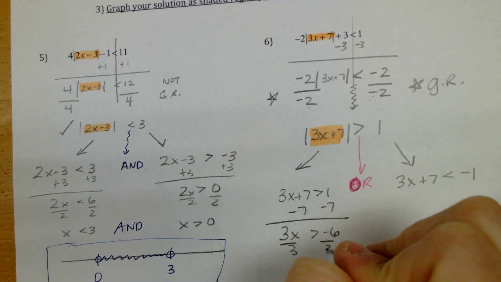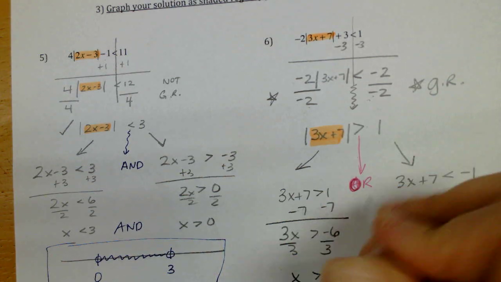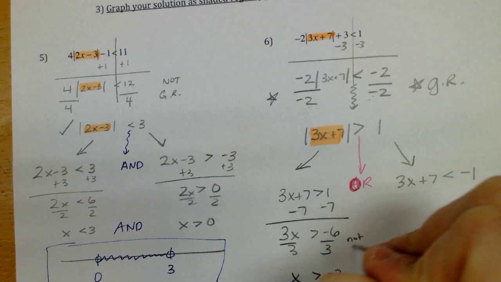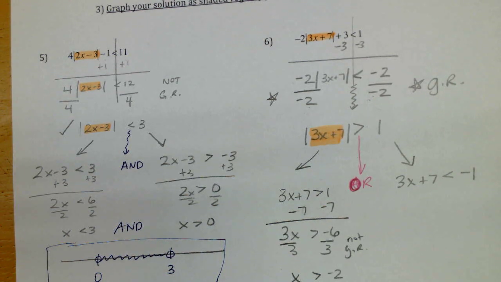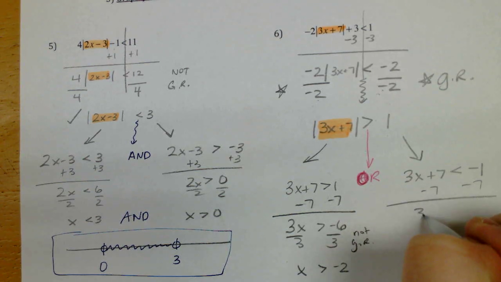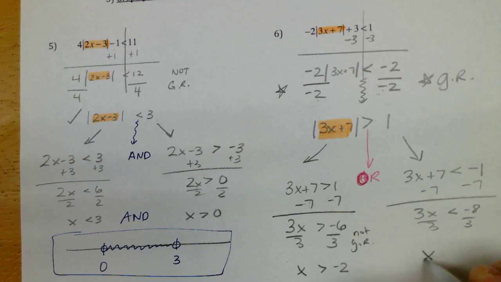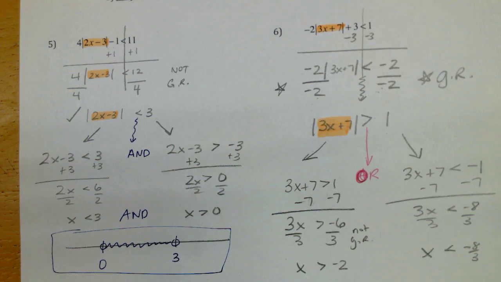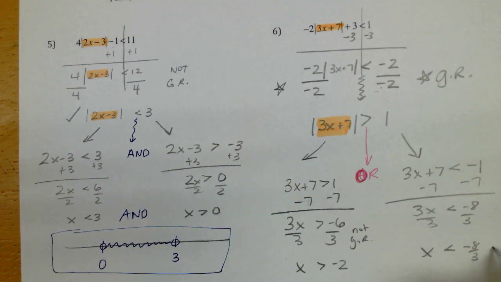Dividing by 3. Remember, this is not the golden rule here, because I divided by 3. Negative 8/3 is approximately negative 2 2/3.